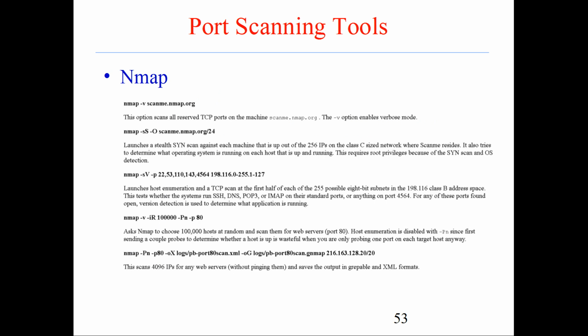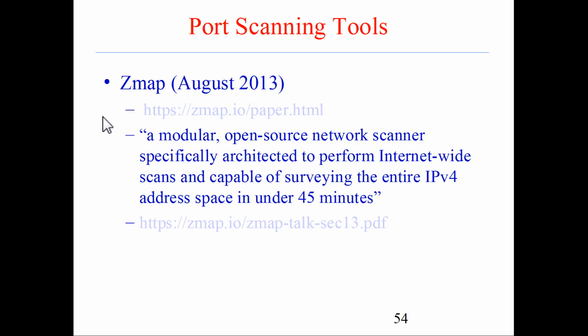Nmap has a lot of different flags, more than most people understand, and can do a lot of different things. However, it can be quite cumbersome and is also very inefficient. I opt for ZMap, which came out in August last year, after this original class in spring 2013.